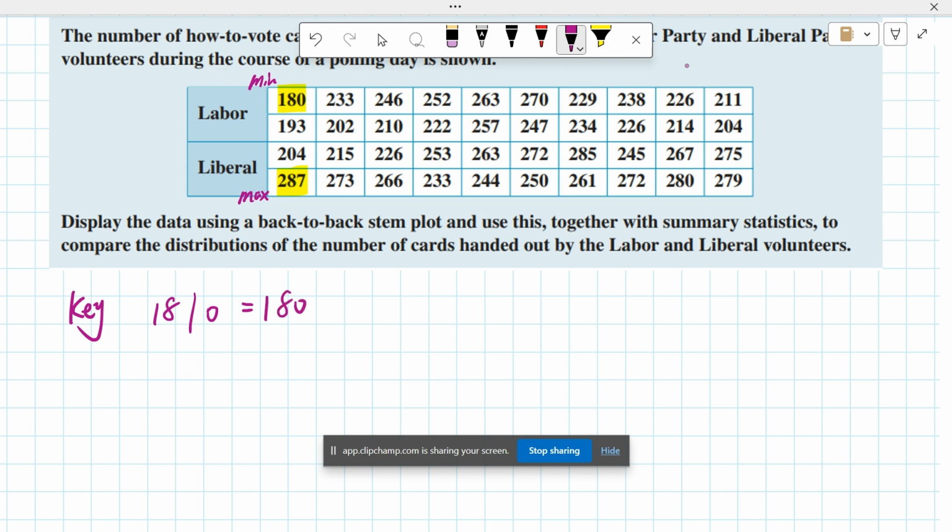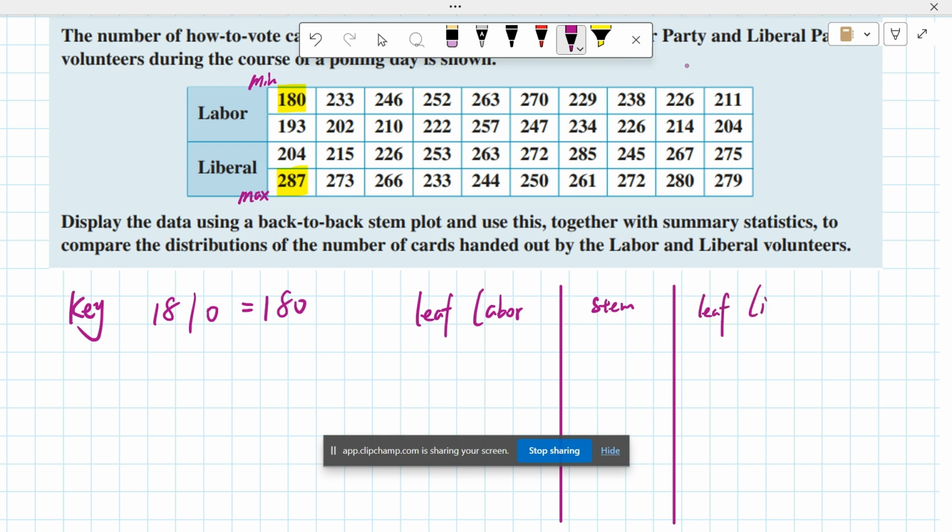For the leaves of the Labor, we do leaf, Labor, on the left, and then we do the stem, and the leaves for the other party.